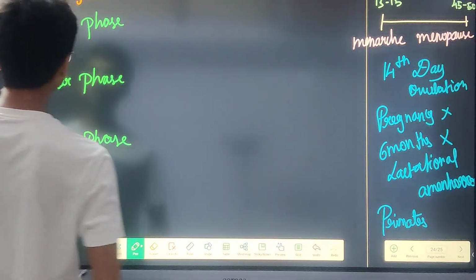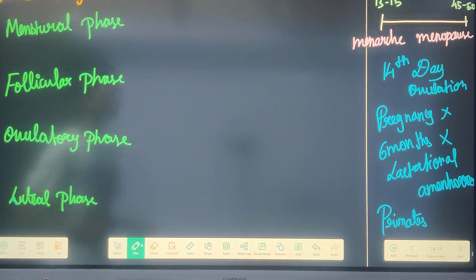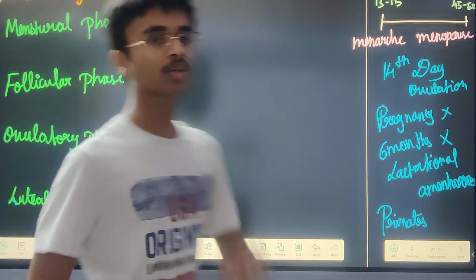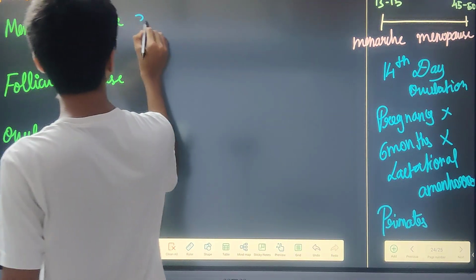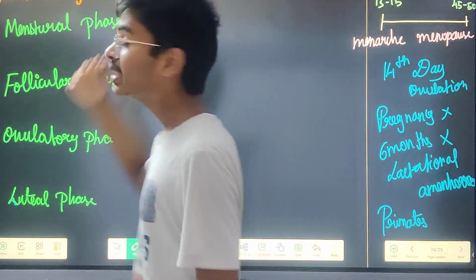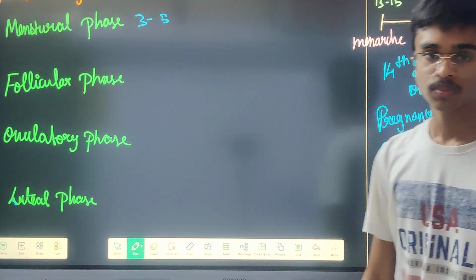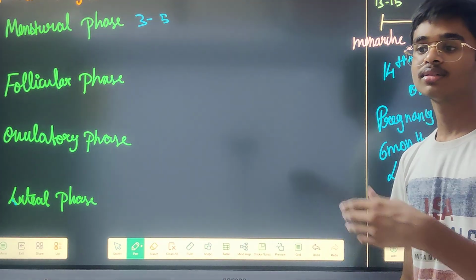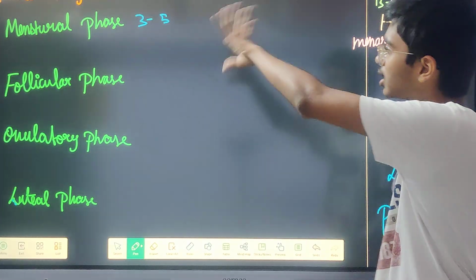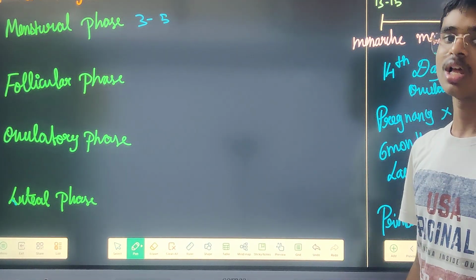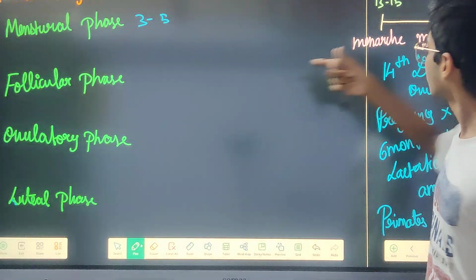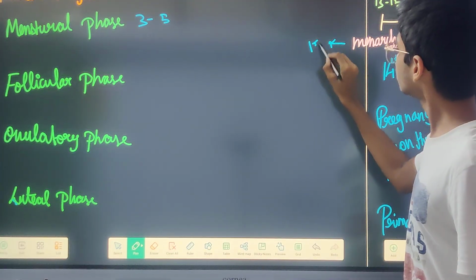Here, the menstrual cycle. First, the menstrual phase. This will generally happen for 3 to 5 days. But the days which we are giving are the average days. It doesn't mean that for everyone it will be exactly these many days. It's not fixed at all. For example, for many people in their menarche time, the menstrual phase will last about 15 days.